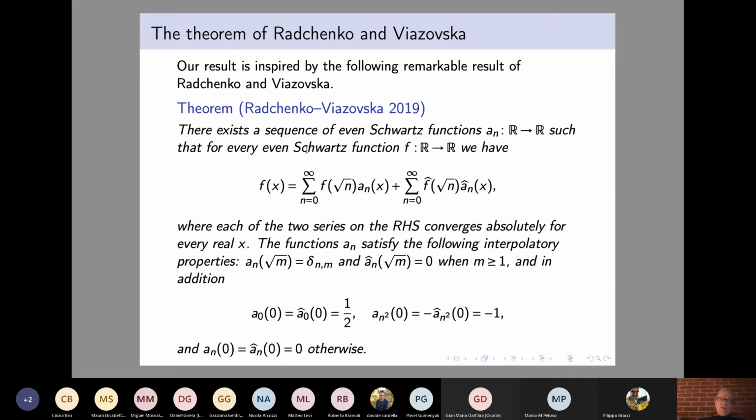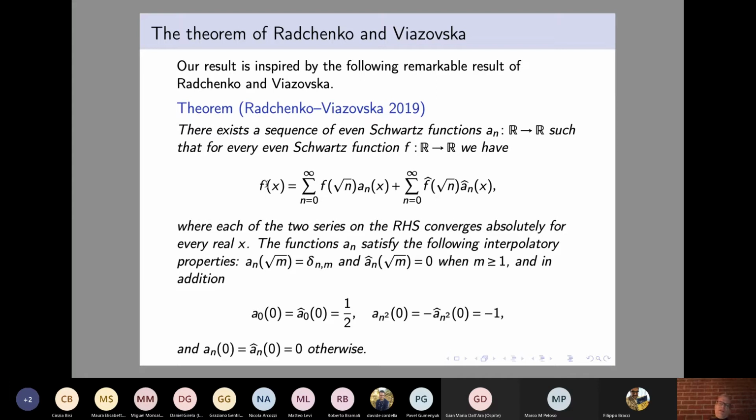We are now in a similar situation, but we now look at a sequence which is symmetric. So it means that we have square root n on both sides of the Fourier transform. Again, for convenience, we stick to even functions, and we only consider Schwartz functions. So f is a Schwartz function on R, taking real values.